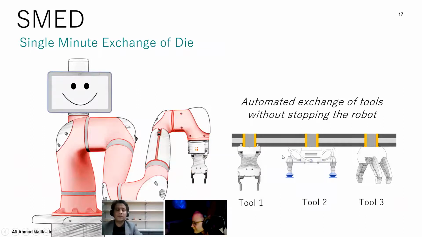If you are familiar with lean methods of production or lean techniques that are used in manufacturing, there is one concept called SMED, which refers to single minute exchange of die.